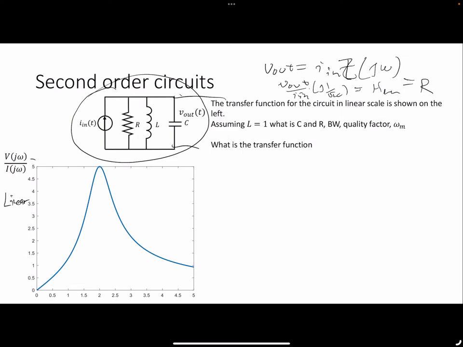And so what is the resistance? Yeah. That's for the series.